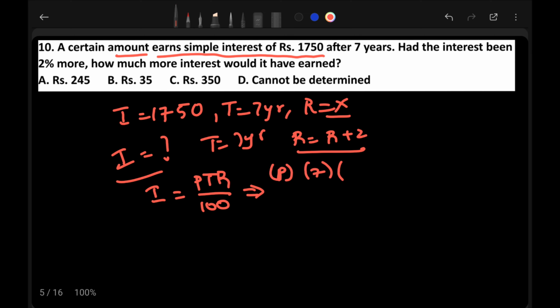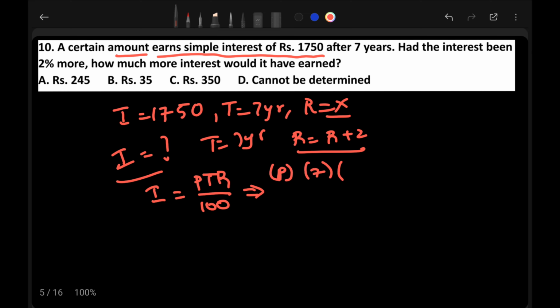What is he asking? At the same rate of interest, R is constant for both, and even the principal amount is constant for both. The rate of interest per annum is how much?